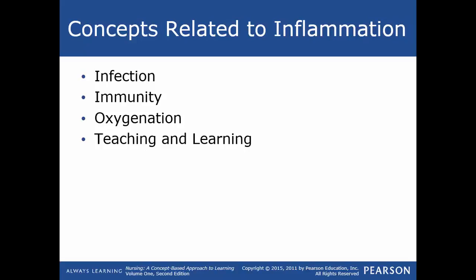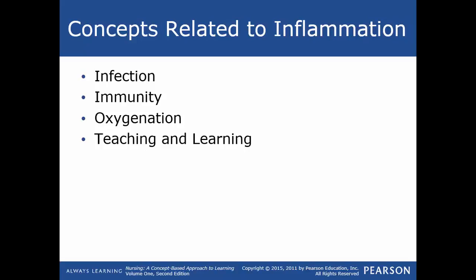All right, so these are different concepts that are related to inflammation, and these are found in your book on page 638. There's a table that has the relationship of these to inflammation and nursing implications. There's also a really good table on the next page, 639, that has alterations in therapies and inflammation, and kind of goes through definition and treatment and that kind of thing.